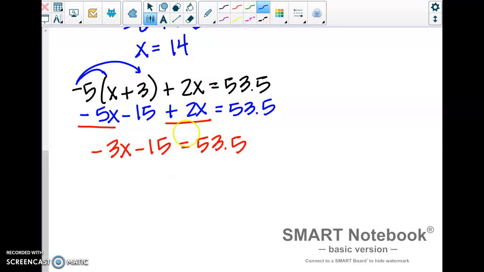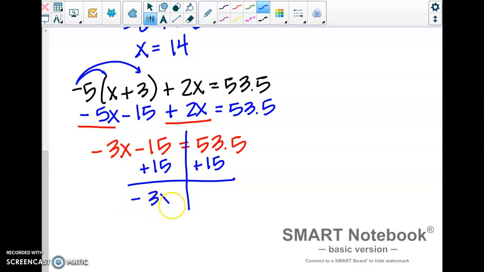We would draw the line down the equal sign. We're trying to get x by itself, and they are multiplying it by negative 3 and subtracting 15. So I would start by getting rid of the minus 15 by adding 15 to both sides. So we are left with negative 3x equals 68.5.